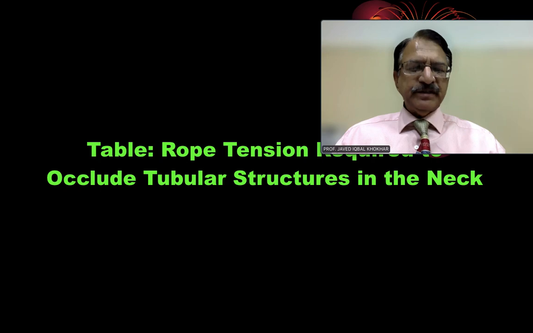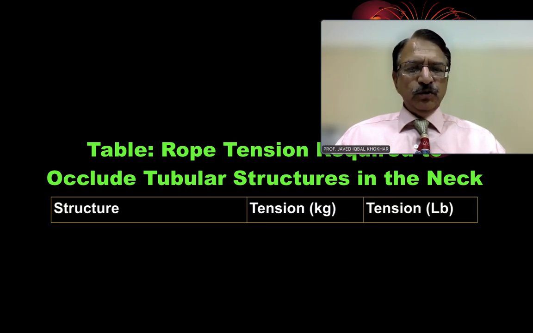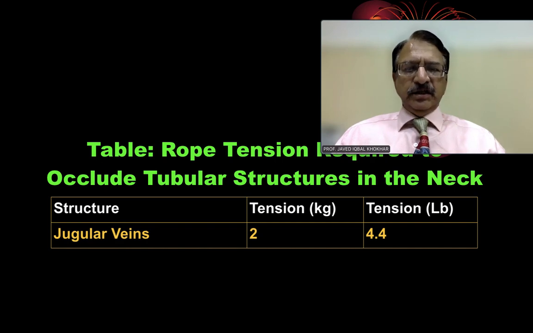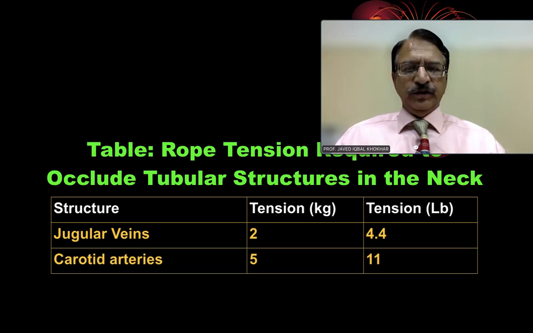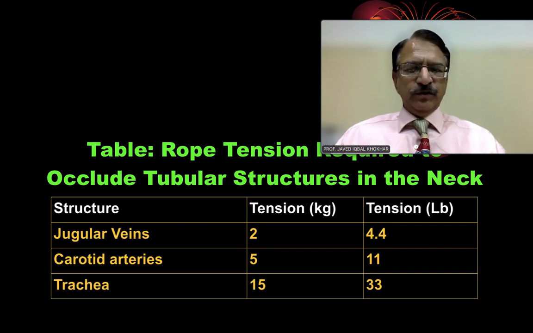So how much tension or weight is required to occlude these structures? The jugular vein needs just 2 kg or 4.4 pounds of tension to occlude it. Similarly, the carotid artery needs only 5 kg or 11 pounds.